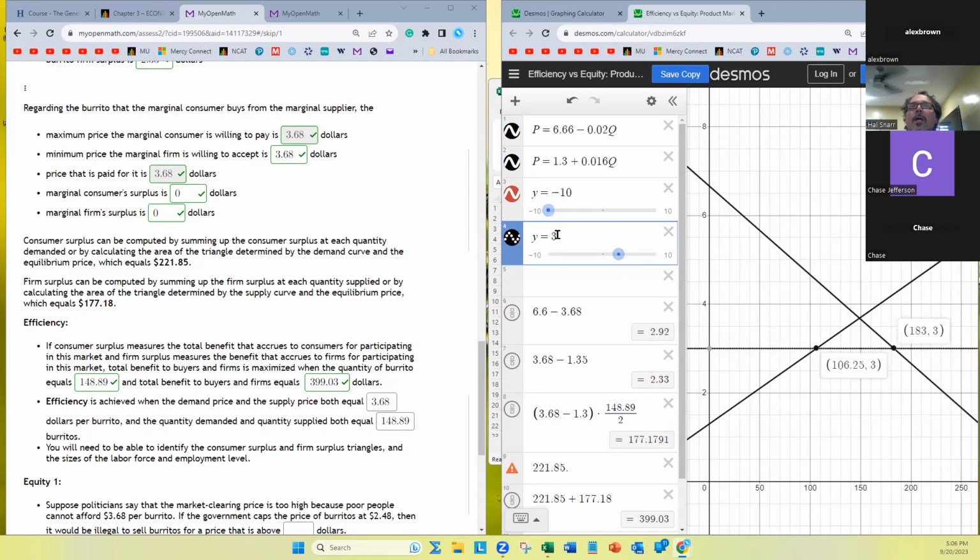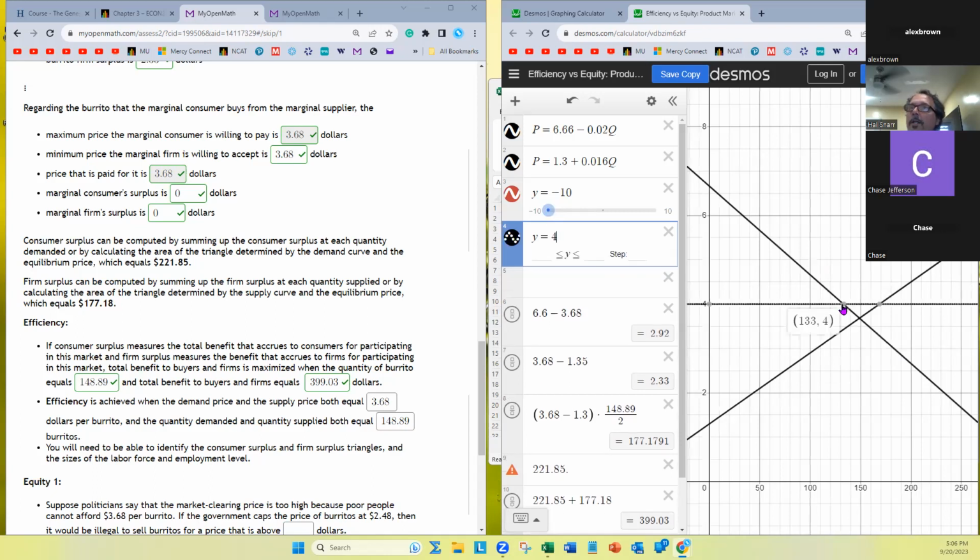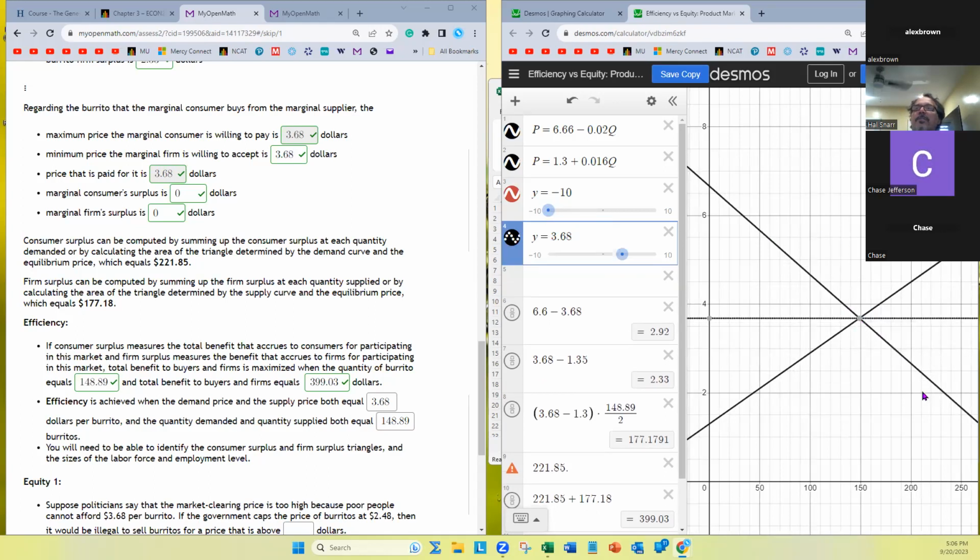No. If the price were 4, is the quantity demanded equal to quantity supplied? No. Where does quantity demanded equal quantity supplied? At the market price, in my case, 368, right? At the market price, quantity demanded and quantity supplied equal each other, right?